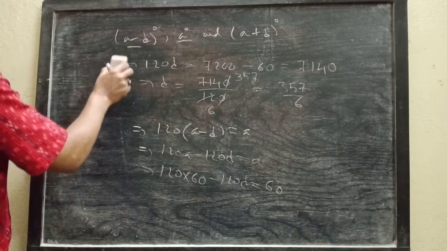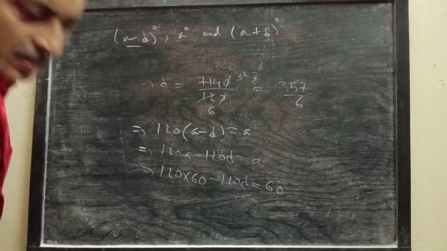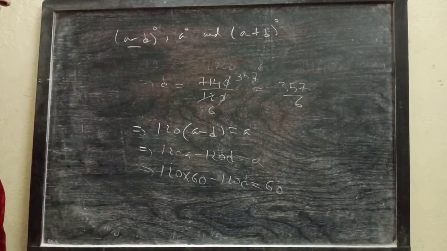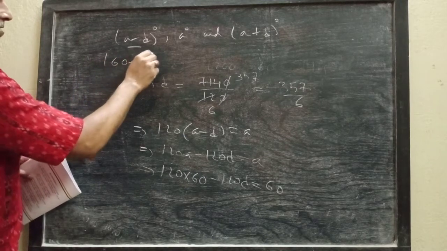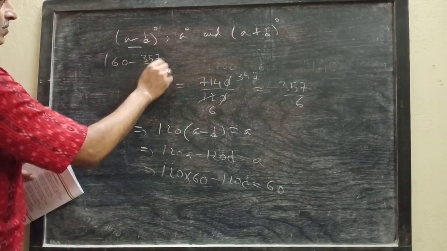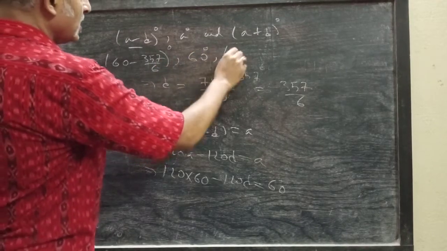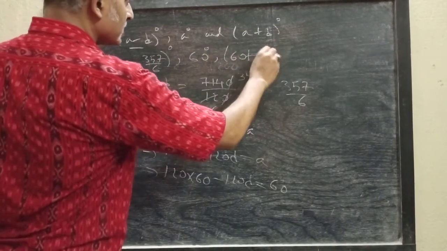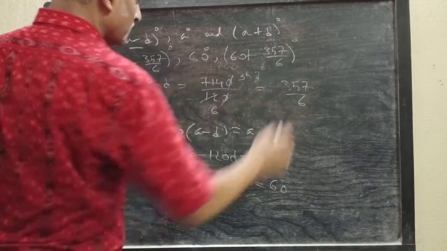Therefore, our angles, the sexagesimal measure, will be 60 minus 357 by 6 degree, 60 degree, and 60 plus 357 by 6 degree.